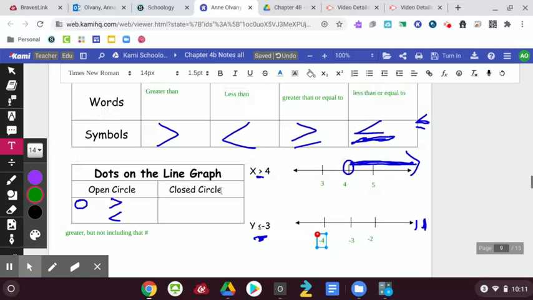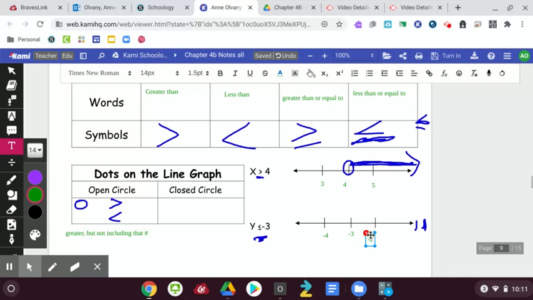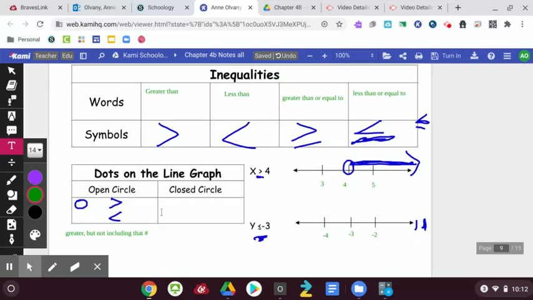Now notice that when we are talking about a negative number line, the numbers look like they're counting backwards, right? -4, -3, -2, because we're going closer to 0. We're getting closer to the positive. So when they're negative, your numbers go backwards down the line. Just thinking about that. Okay.